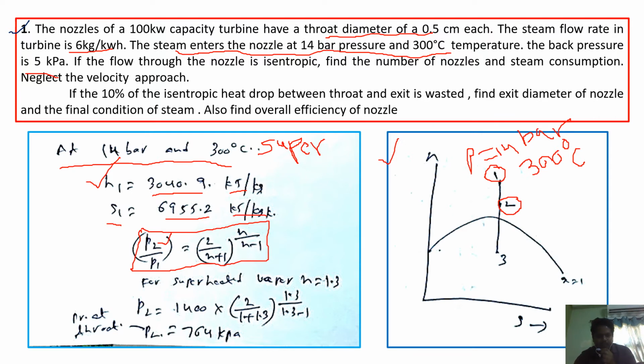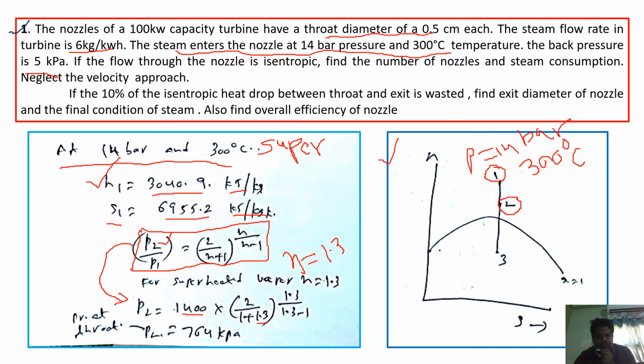We can write it as P2 equals P1, which is already given in the problem, 14 bar, converted into kilopascal, 1400 kilopascal, into (2 by 1 plus 1.3), where for superheated steam n value is 1.3, whole power 1.3 divided by 1.3 minus 1.